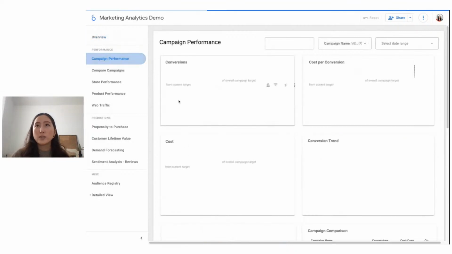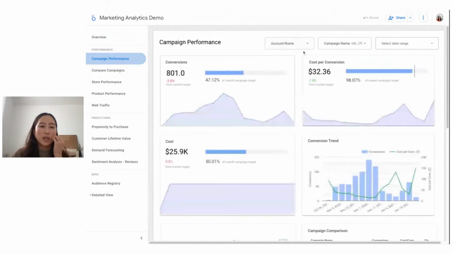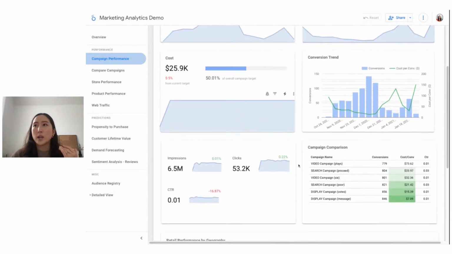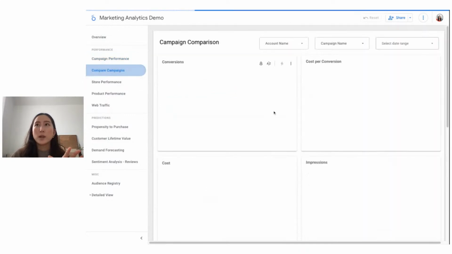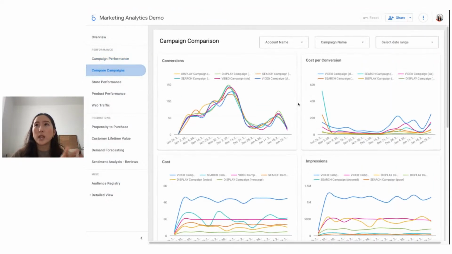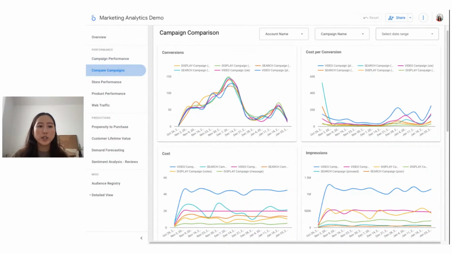So next, she might dive into campaign performance. Campaign performance will give Maria a deep dive into individual metrics of a campaign. So Maria can easily see trending metrics such as conversion trends, costs, campaign comparisons, and understand how it compares with the rest of the organization. And then she might really want to look at how the campaigns compare across each other.